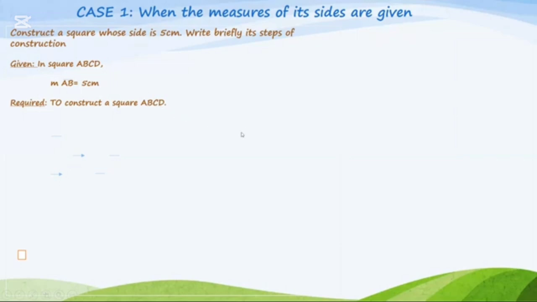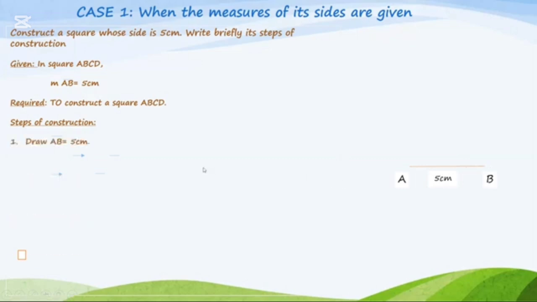Now let's start constructing a square together. Step number 1, we have to draw a line segment of 5 centimeter. Let's mention the name AB. Okay, we have drawn a line segment AB equal to 5 centimeter.